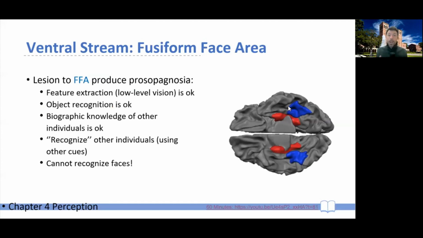And again, they can recognize objects. They still have biographic information about people that they know, and they recognize them through other cues, for example, by the sound of their voice or by some specific feature that they have. But simply when somebody sees a face, it doesn't come together as a unit. When you're looking at my face right now, sure, you see my eyes, you see my nose, you see my mouth, you see my eyebrows, but you don't see them as separate things.